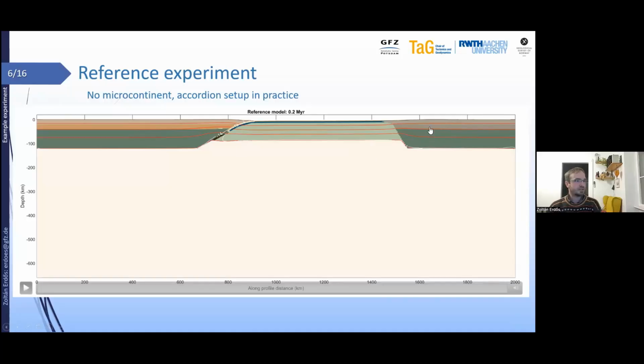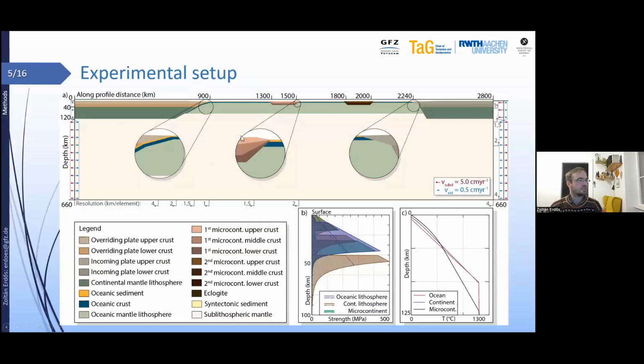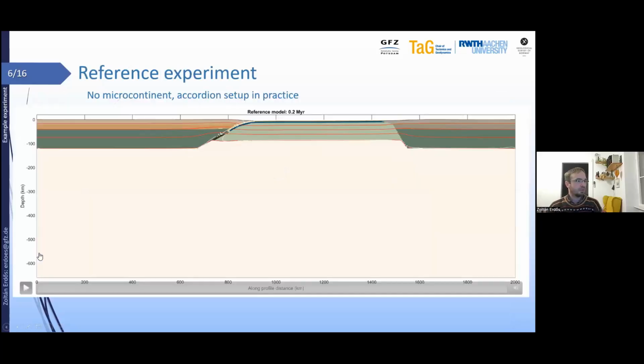The two continents, the oceanic lithosphere and the oceanic basin in between, we have sort of a proto-subduction zone primed in there. I can go back and show you how this looks. So we have basically some oceanic lithospheric material, oceanic crustal material going down underneath this margin of the model.